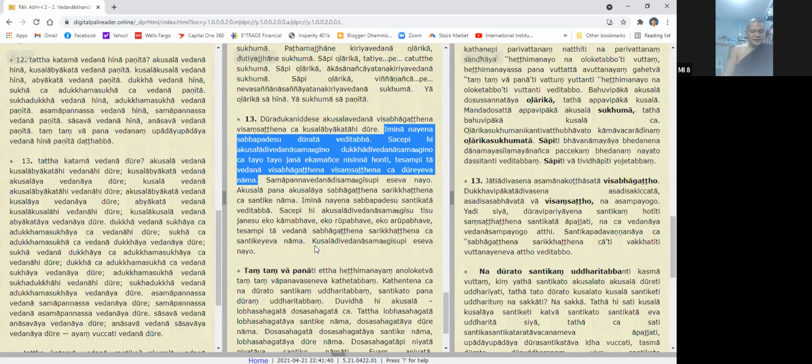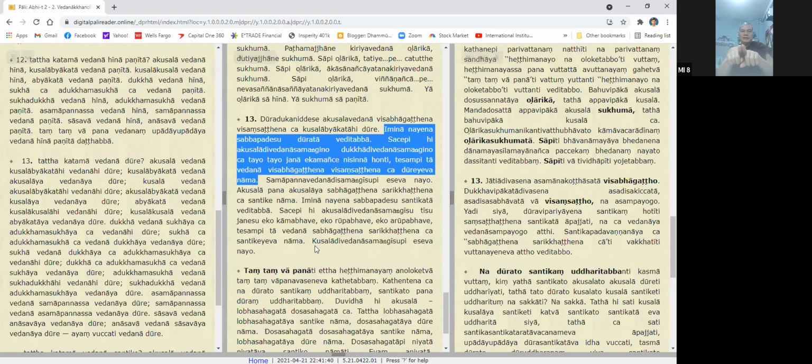Samapana vedana di samagi suji is one more. Samapana, asamapana. So two people sit together on the bus, their bodies may be touching each other. One is endowed with samapana, another is not.